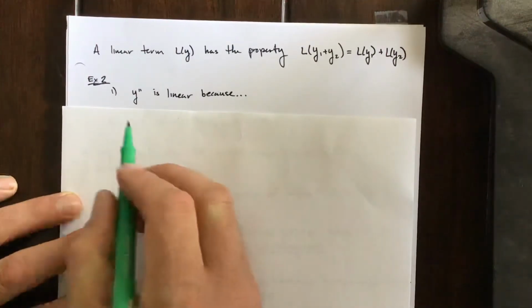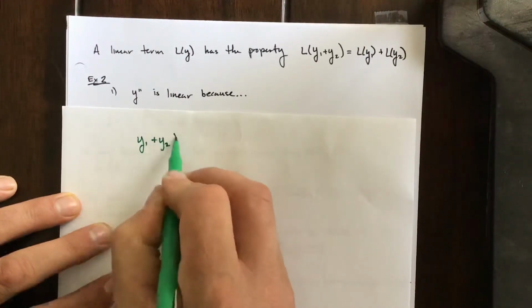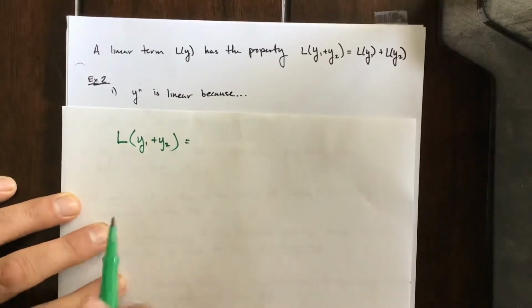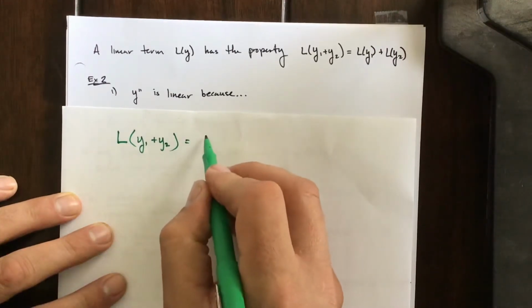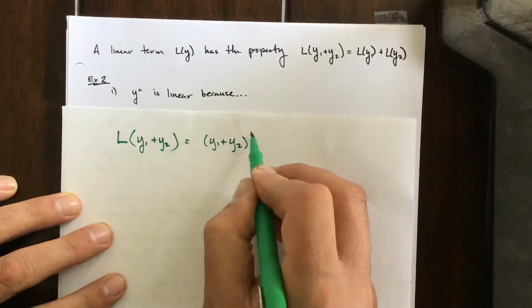I'm saying to you that y double prime is a linear operator because if I take two functions and, according to the operation L, I take the derivative of the sum of two functions, I get y1 plus y2 double prime.